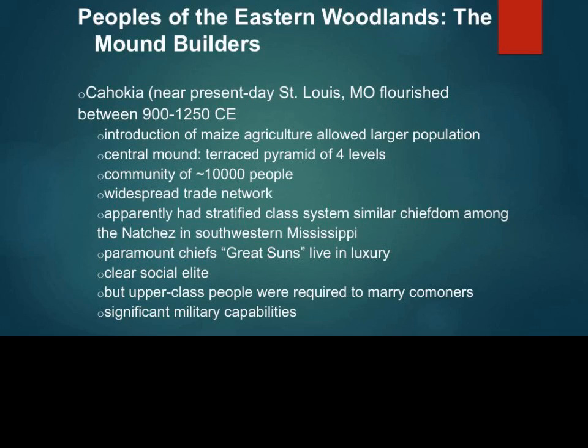They had these paramount chiefs, or what's known as great suns, and they lived in luxury. And so there's a clear social elite, but the upper class people were required to marry commoners. And the Cahokia culture also possessed a significant military capacity.